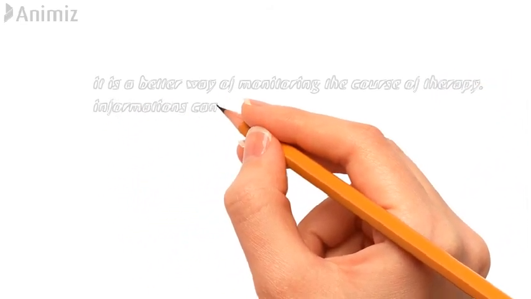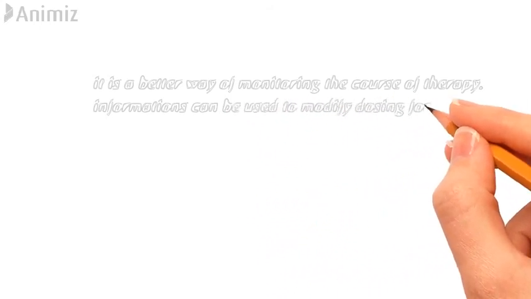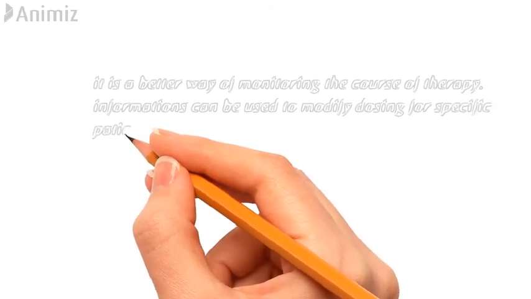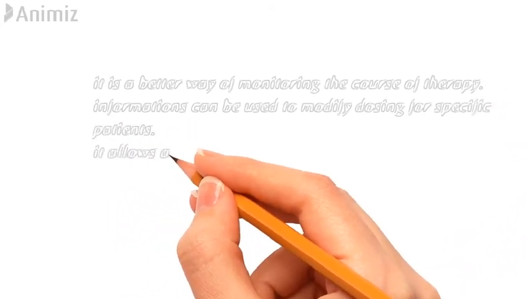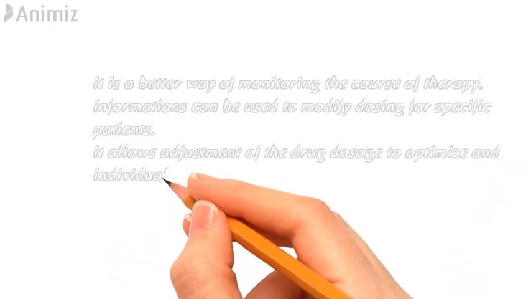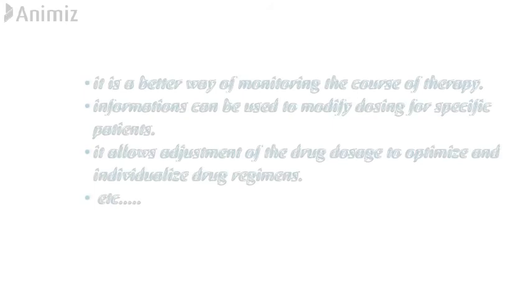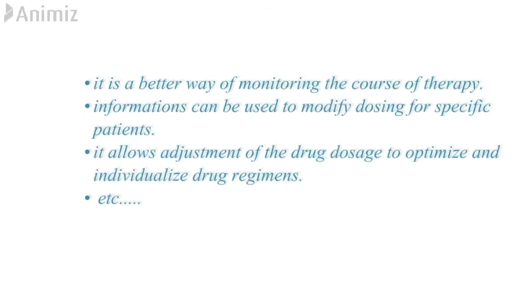And with proper information like the dose of drug given, time at which blood samples were drawn, and route of administration, and the use of pharmacokinetic equations and models, we may describe the blood level time curve accurately and it can be used to modify dosing for specific patients.